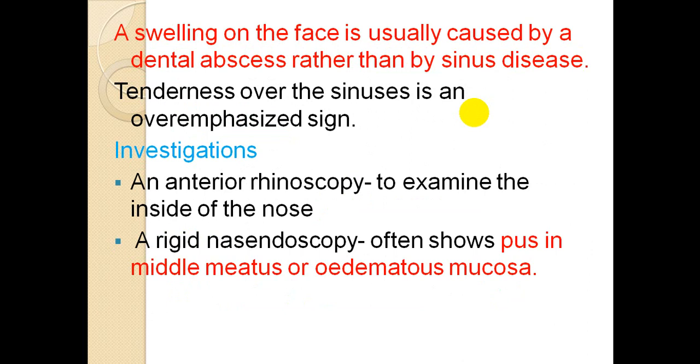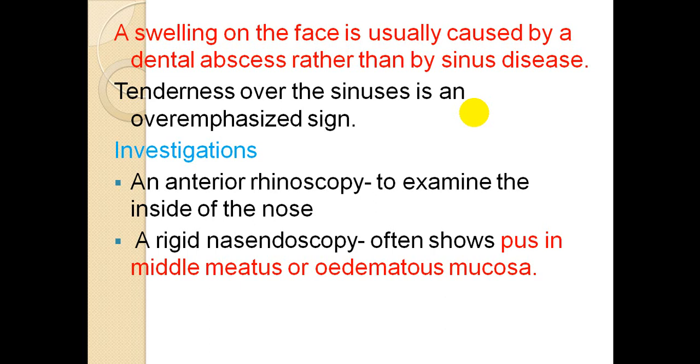A swelling on the face is usually caused by a dental abscess rather than by sinus disease. Tenderness over the sinuses is an overemphasized sign. It is an unreliable sign because of exaggeration from the patient.